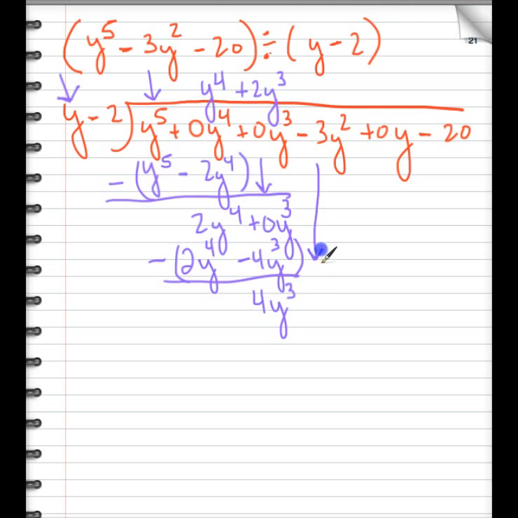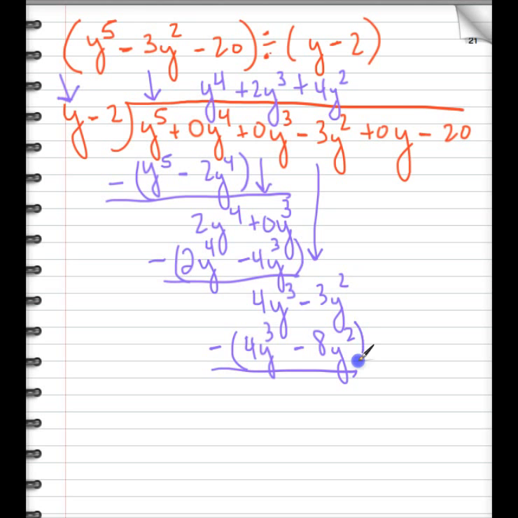Bring down the next term, which is negative 3y squared. Ask yourself the question, y times what is 4y cubed? So you need positive 4y squared. Notice how nicely that lines up. Multiply back. 4y squared times y is 4y cubed, and 4y squared times minus 2 is negative 8y squared.